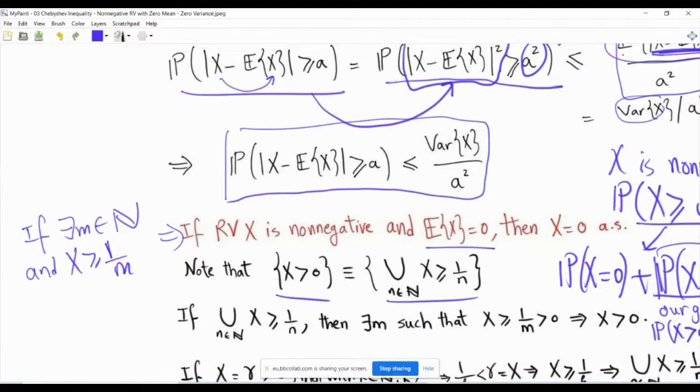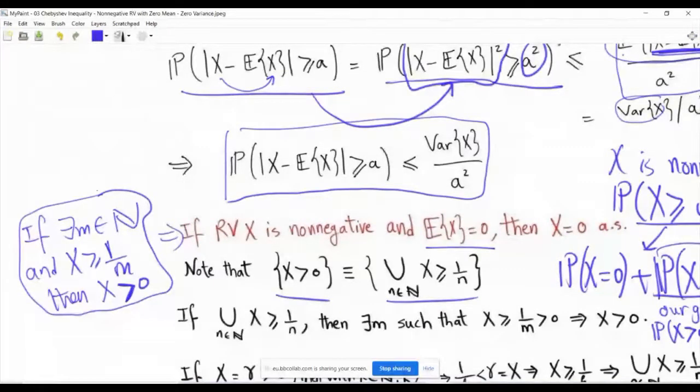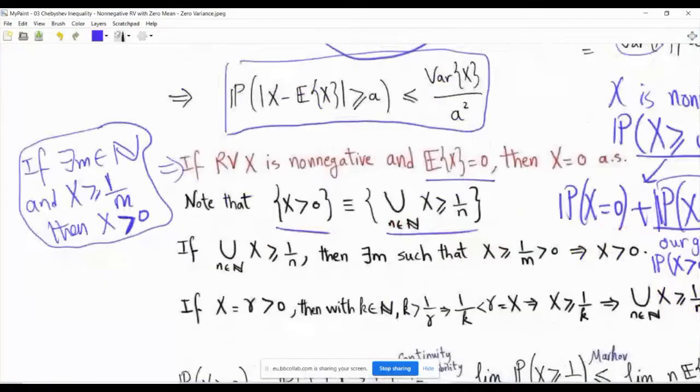If there is a natural number, let's say a trillion, and x is greater than or equal to 1 over a trillion, then x indeed is greater than 0. So if you can find a natural number such that x is greater than or equal to its reciprocal, then no doubt x is a positive number.